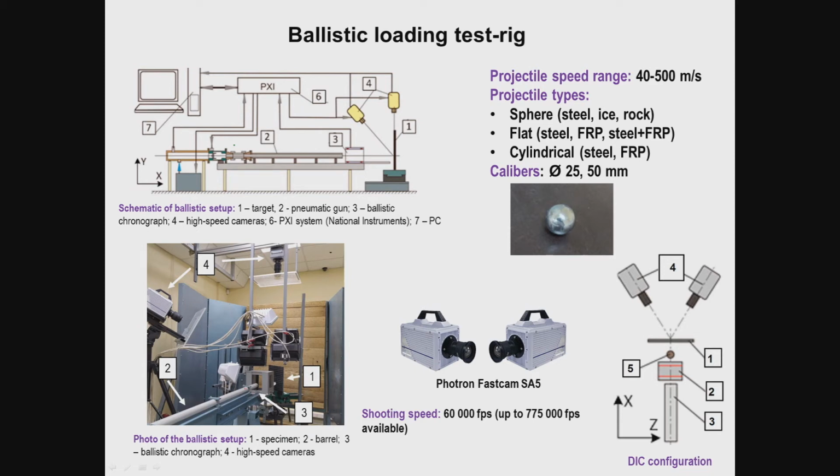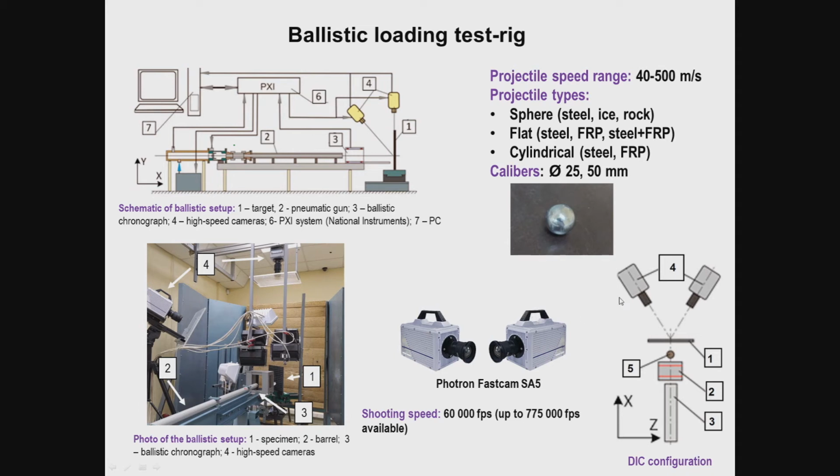The presented test rig allows accelerating projectiles up to a speed of 400 or 500 meters per second. It's possible to use spherical, cylindrical and flat projectiles made of different materials with that test rig. So in our case we use a solid steel spherical projectile with a 25 millimeter caliber and 54 grams mass.